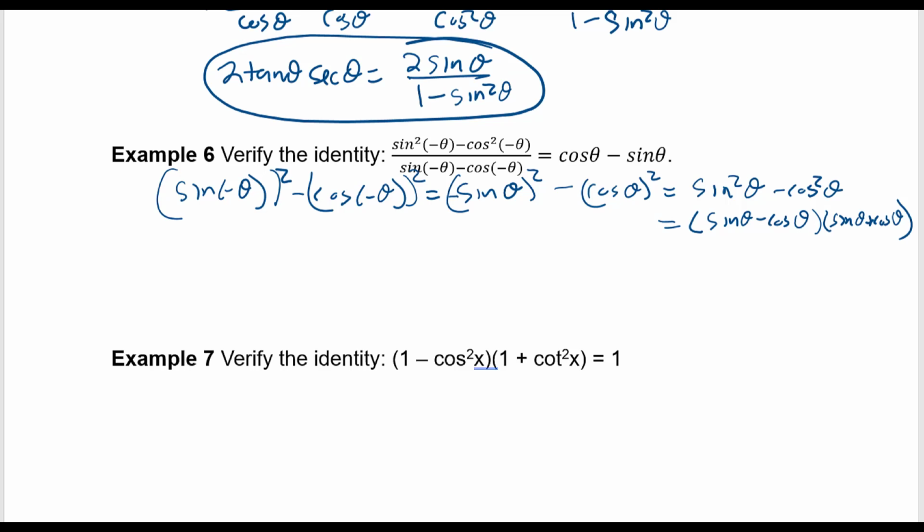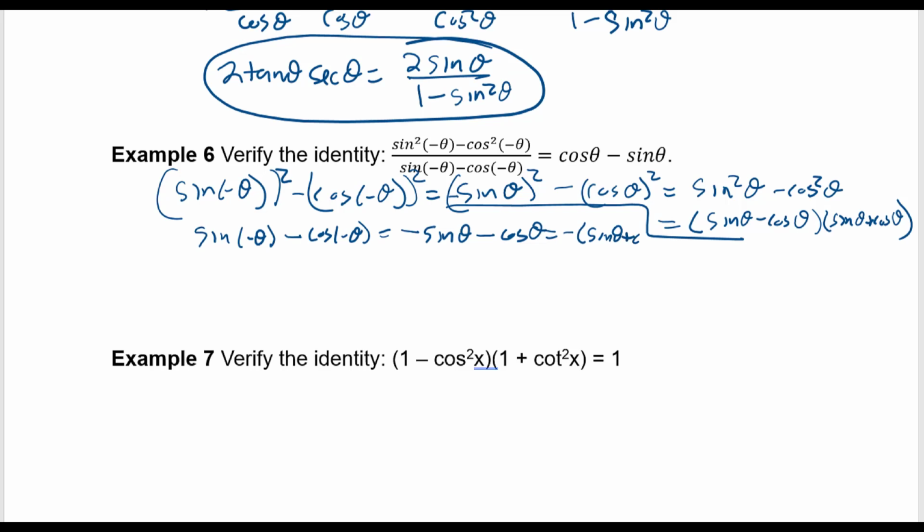Now notice this denominator is sine of negative theta minus cosine of negative theta. So this is like saying sine of negative theta is negative sine theta minus, and then cosine of negative theta is just cosine theta. So this is going to be the negative of sine theta plus cosine theta.